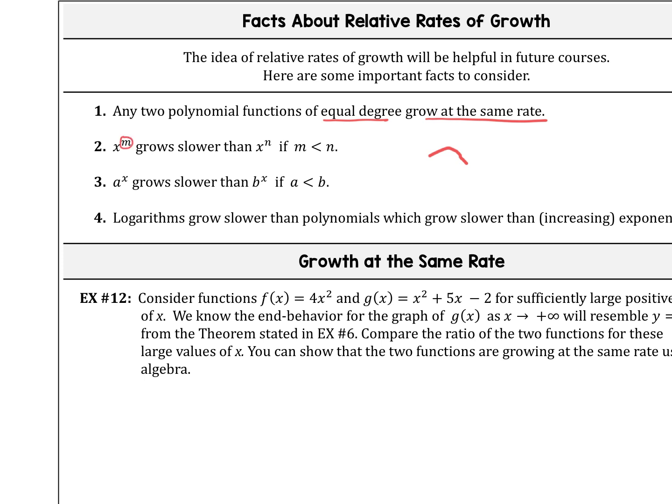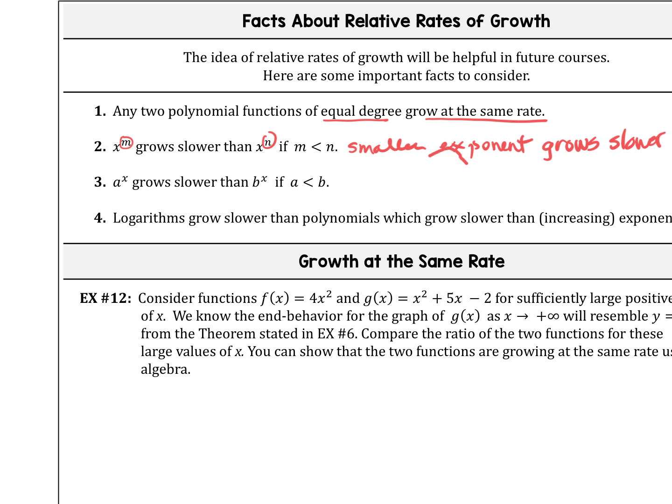If you have m and n, the one that grows slower is the one that's smaller. So the smaller exponent grows slower. And a to the x grows slower than b to the x if a is less than b.